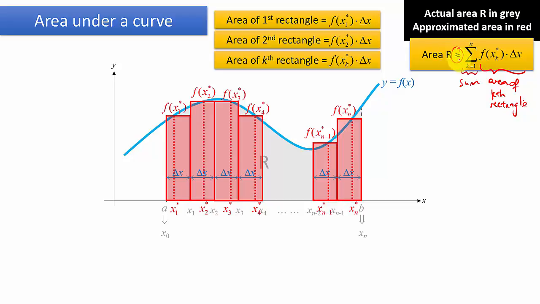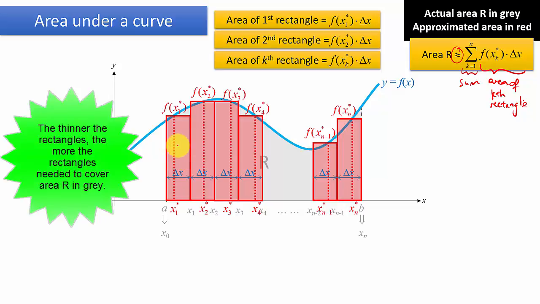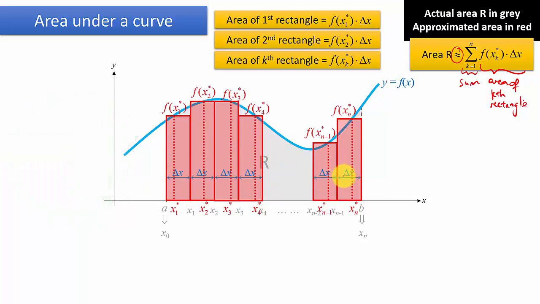To improve this approximation, the rectangles have to be thinner, which means that delta x has to approach 0. And if the width of the rectangle is smaller, it also means that the number of subintervals or the number of rectangles will increase. Hence, the approximation of this gray area R can be improved as the number of fundamental strips or the number of rectangles gets larger towards infinity.